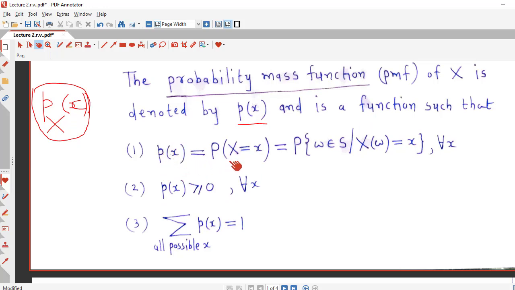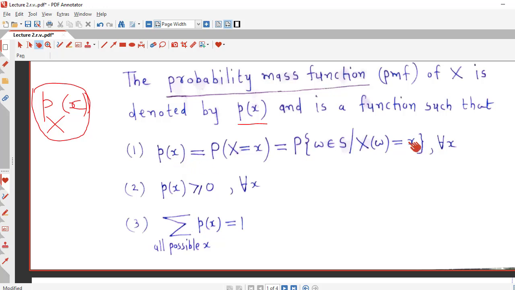So p of x is nothing but the probability of this event X equal to x. So X equal to x means the set of those outcomes in the sample space whose images are small x. So for each x, which is the value of the random variable, we can find out the probability of this event.